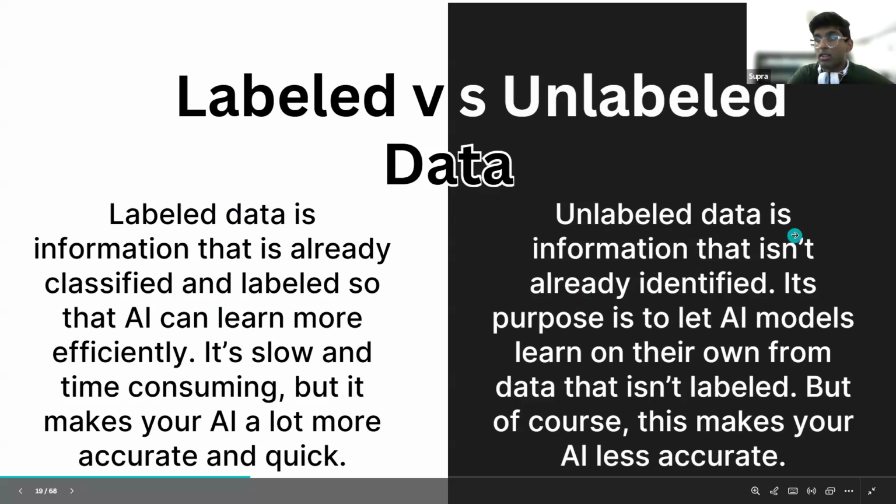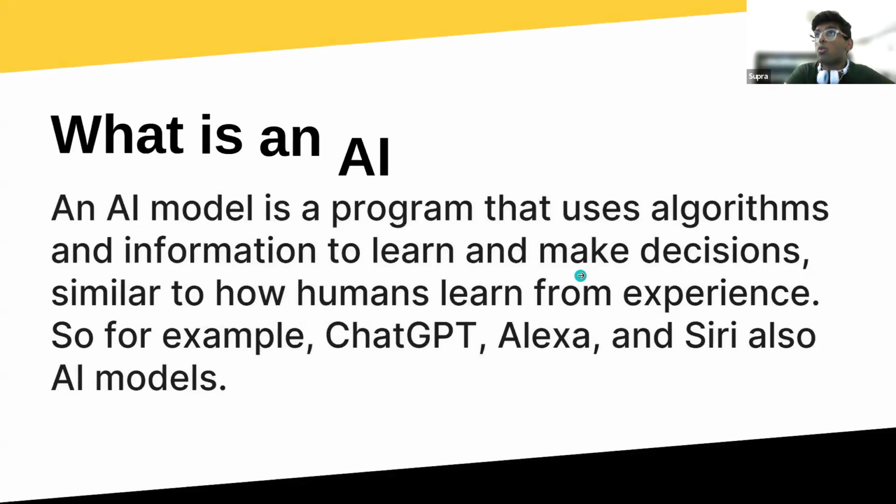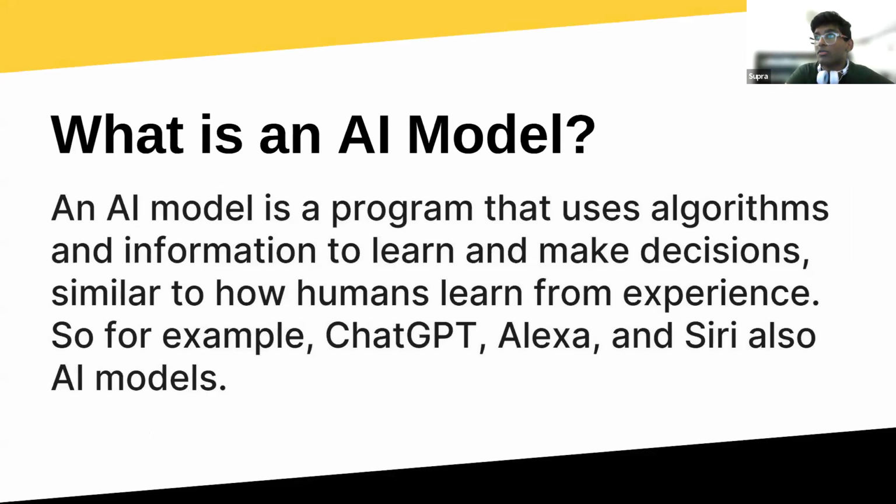Okay, so what is an AI model? An AI model is a program that uses algorithms and information to learn and make decisions, similar to how humans learn from experience. So, for example, ChatGPT, Alexa, and Siri are also AI models.